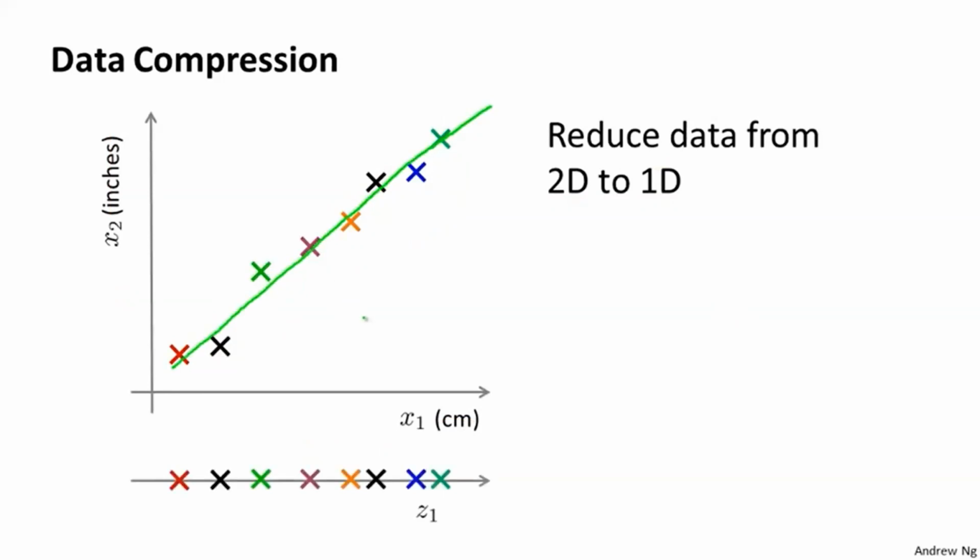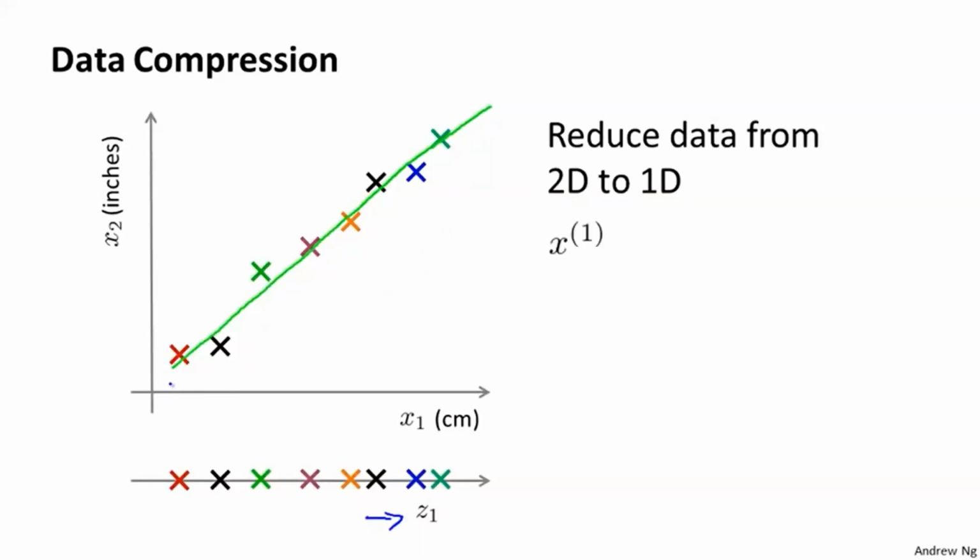And by doing so, what I can do is just measure the position of each of the examples on that line, and come up with a new feature, Z1, and to specify the position on the line, I need only one number. So Z1 is a new feature that specifies the location of each of those points on this green line.